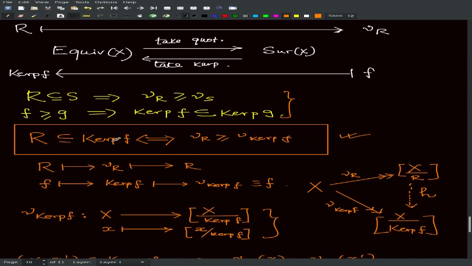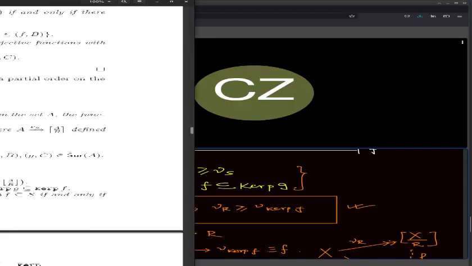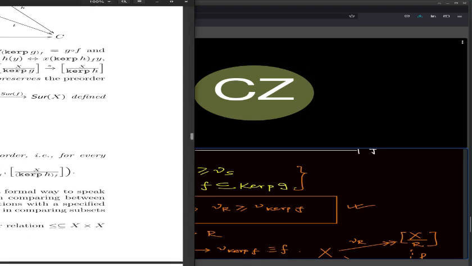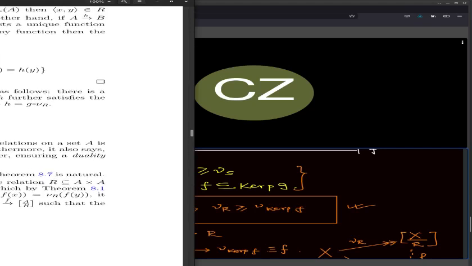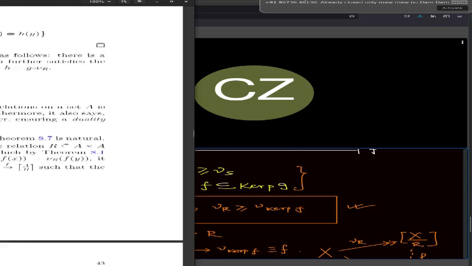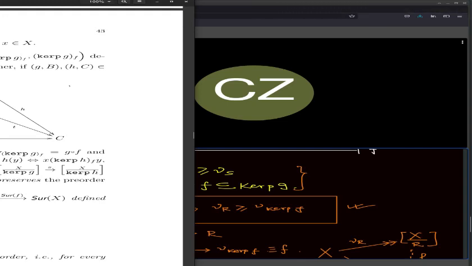But with that, I'll stop here today. I'll ask for your questions. This is essentially what is there in this section 8, and there is a little more in 8.2.1 saying that this equipotence is natural, and so on and so forth.